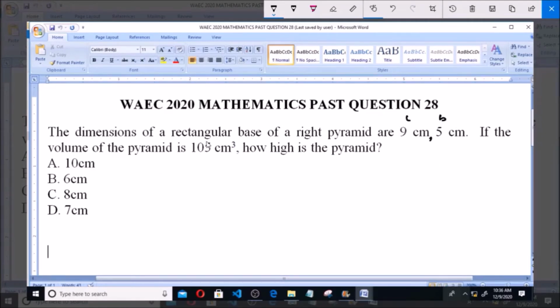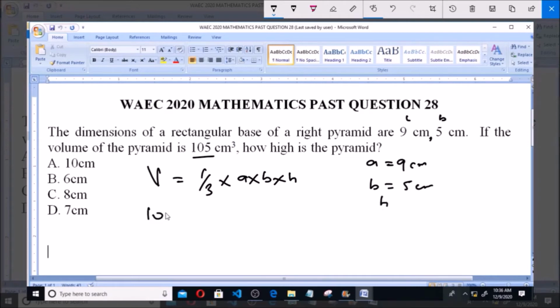So we are asked to find the height, given that the volume of the pyramid is 105 centimeter cube. Now the volume of a pyramid is equal to 1 over 3 multiplied by A times B times H. Here A is equal to 9 cm, B is equal to 5 cm, and H is what we're looking for.